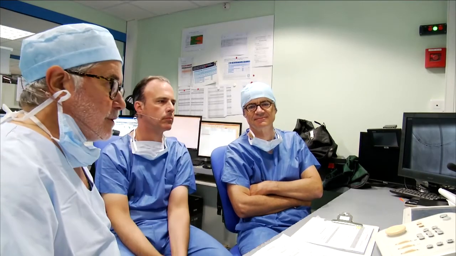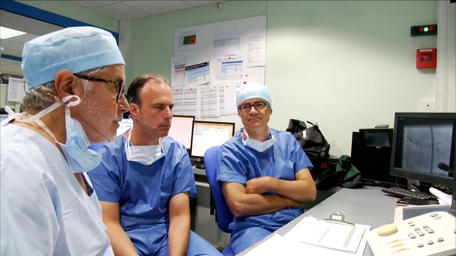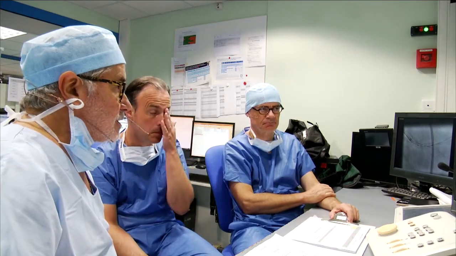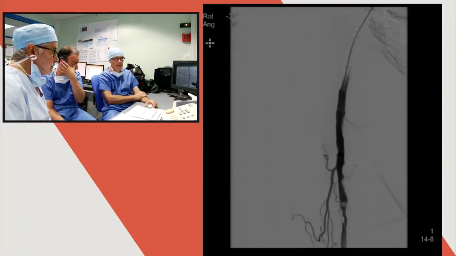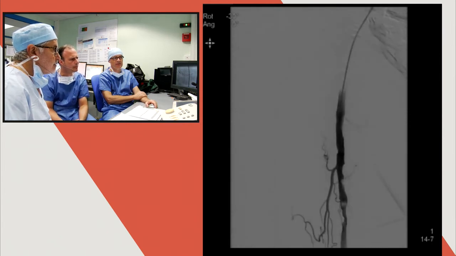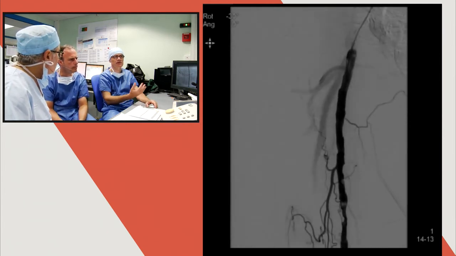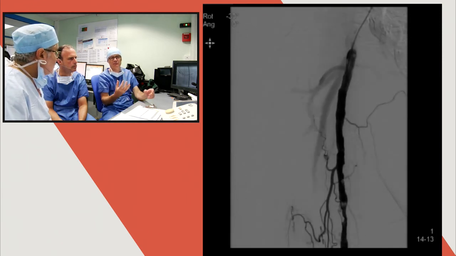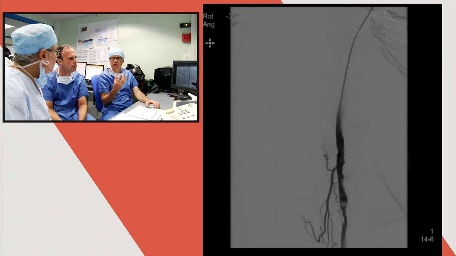Gentlemen, we are here to comment on the case that we did just a few minutes ago. Thomas, could you comment on the images that we see in this patient? Well, basically, we had some angiographic baseline information from a non-selective angiogram, and this was suspicious for a short occlusion of the distal SFA.